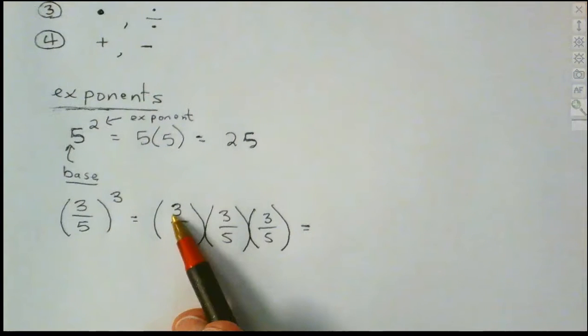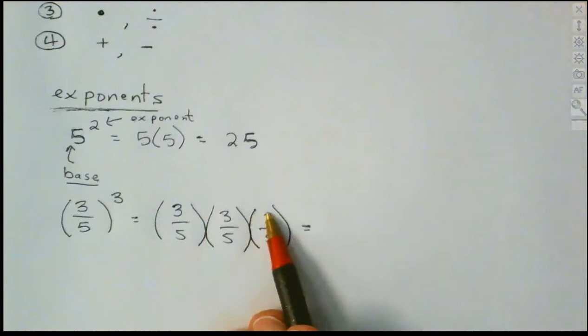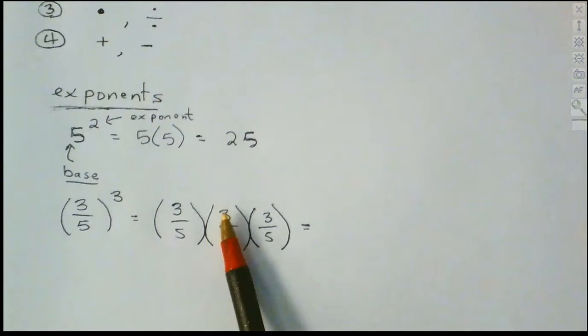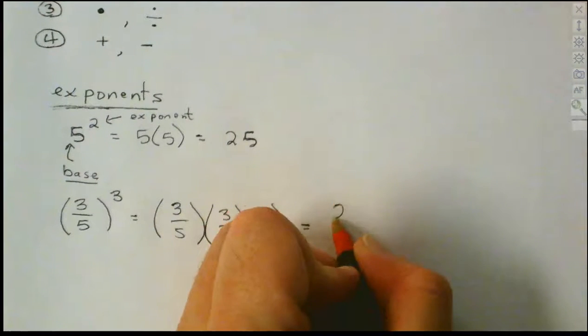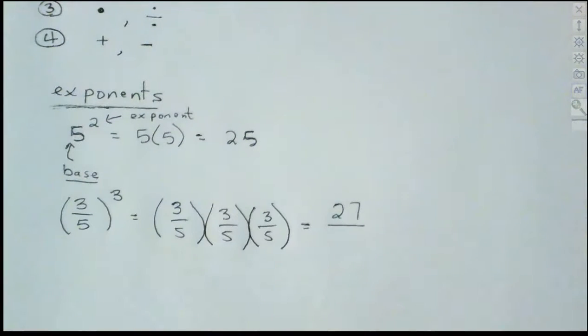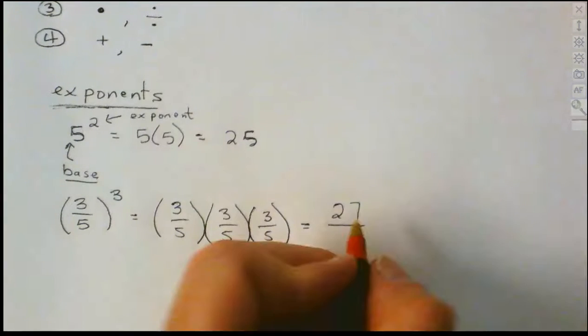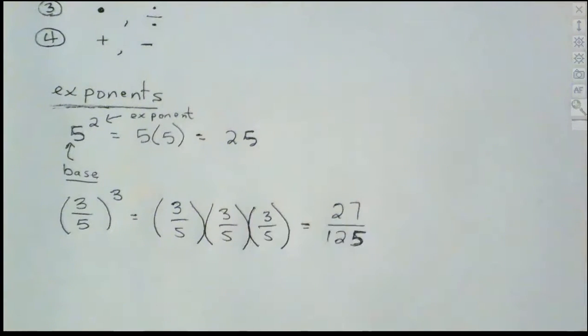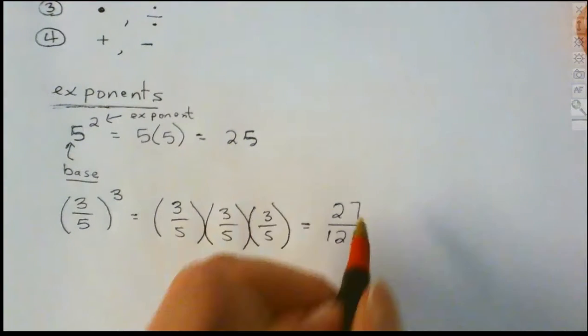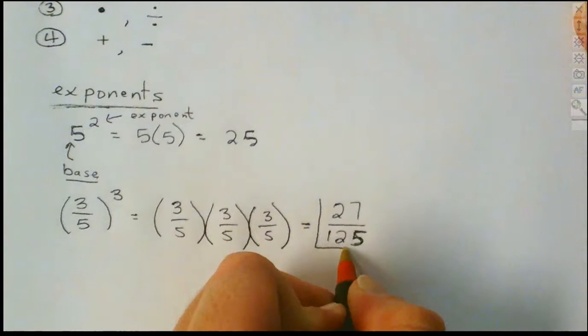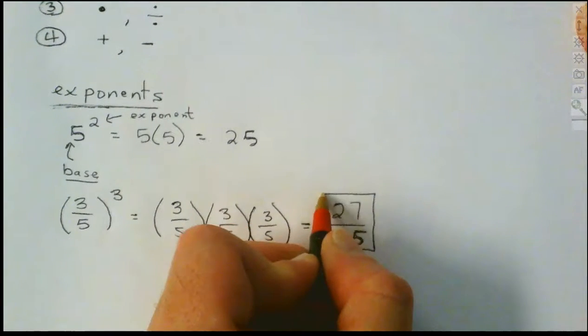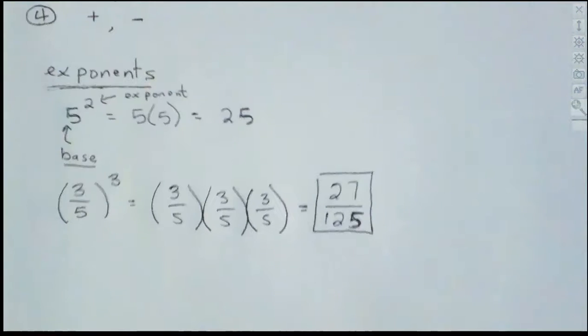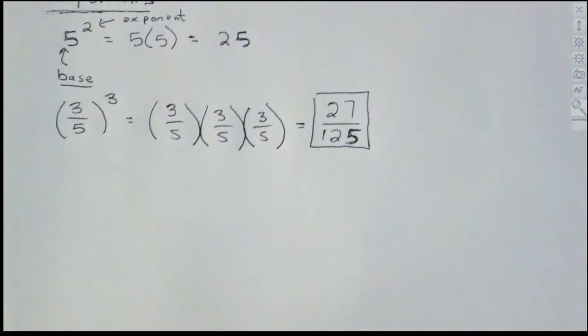So we're going to multiply the numerators together, which is the top half, and 3 times 3 times 3, well, that makes 27. And down below in our denominators, we have 5 times 5 times 5, which is 125. So our answer would be 27 over 125. Okay? So that's how you work with exponents.